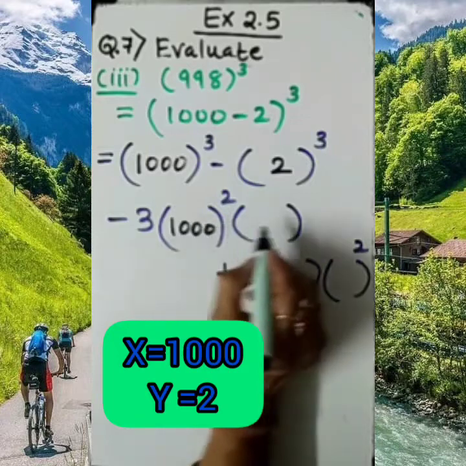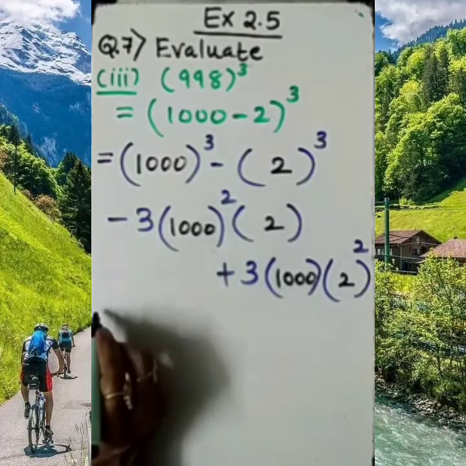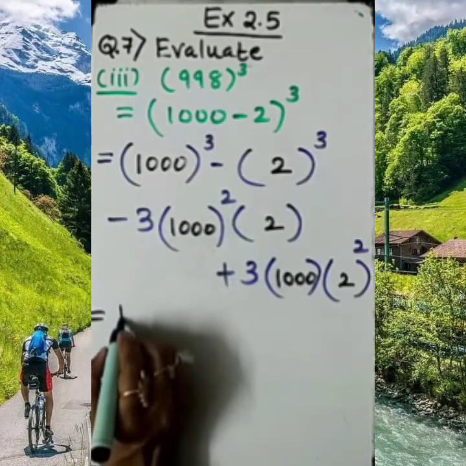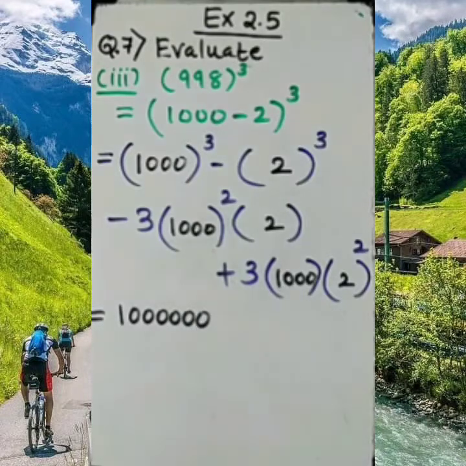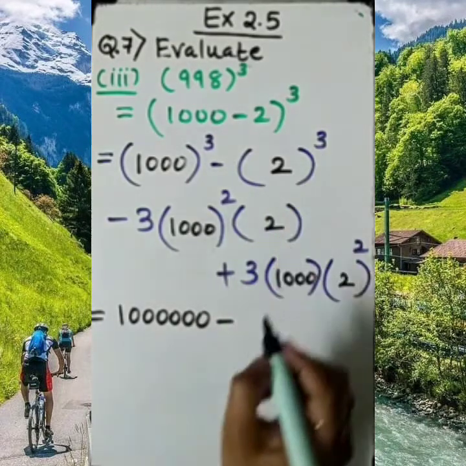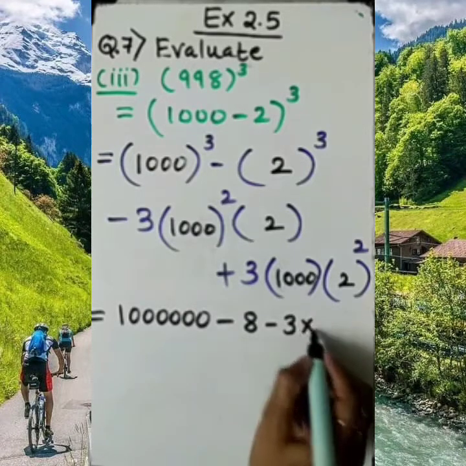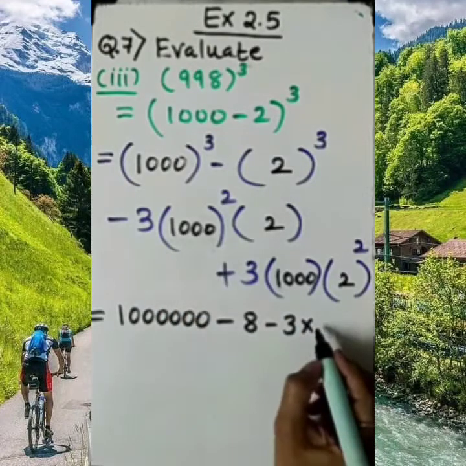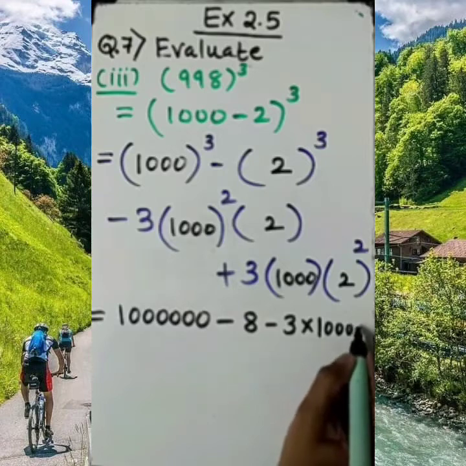As we know, the cube of 1000 will become 1, 2, 3, 4, 5, 6, 10 lakh. 2 cube, 2 into 2 into 2, that is 8. Clear? What about this 1000 square? It has 3 zeros. 1000 square, so then it will have 6 zeros.